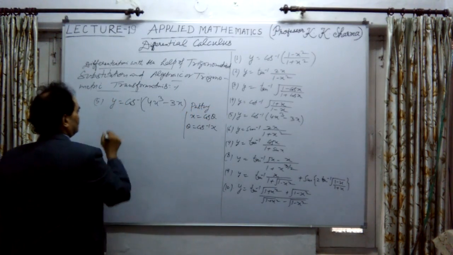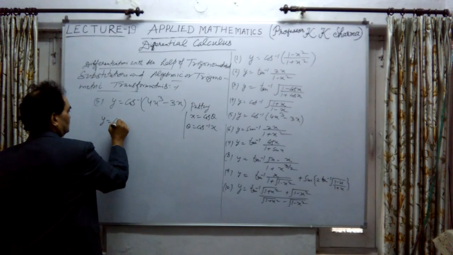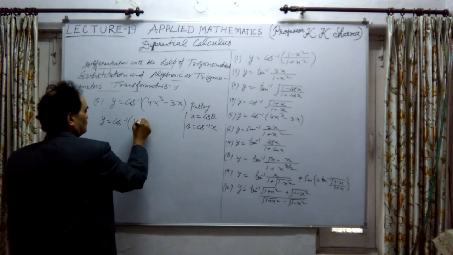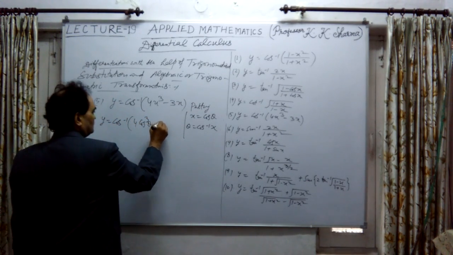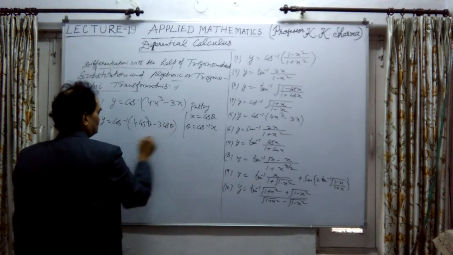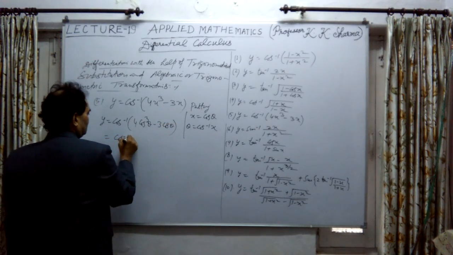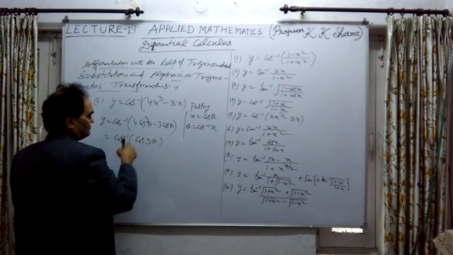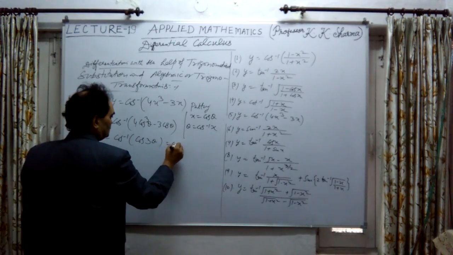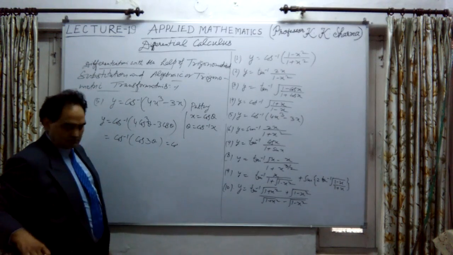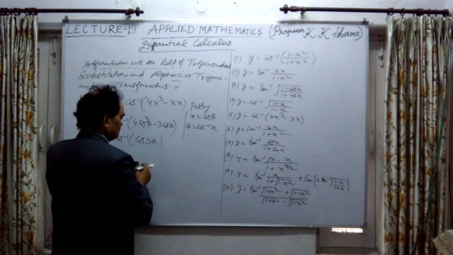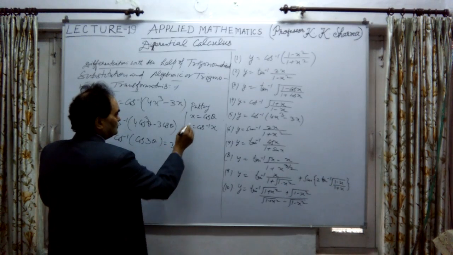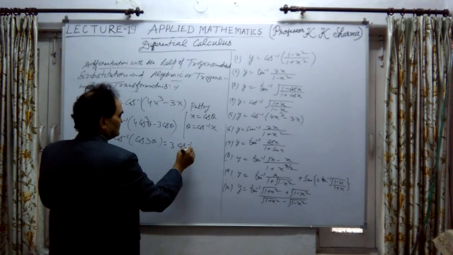So we will get y equal to cos inverse of 4 cos cube theta minus 3 cos theta, and this is nothing but cos inverse cos 3 theta. The formula of cos 3 theta is this. So this is equal to 3 theta, which is 3 into cos inverse x.